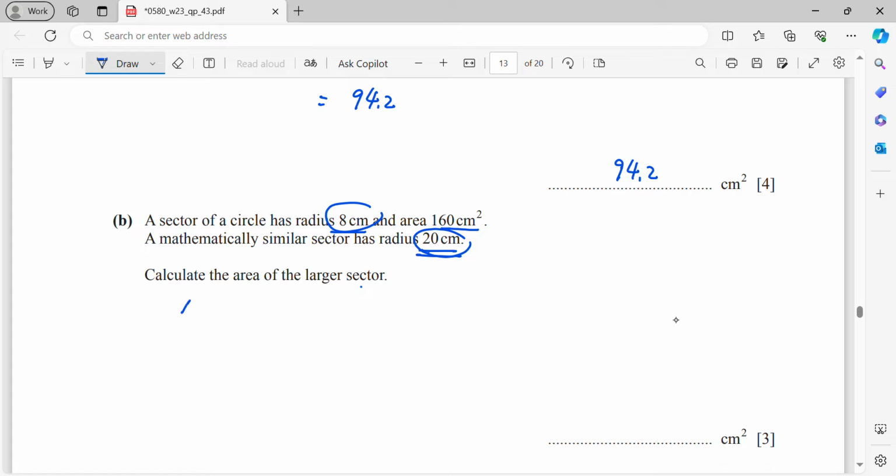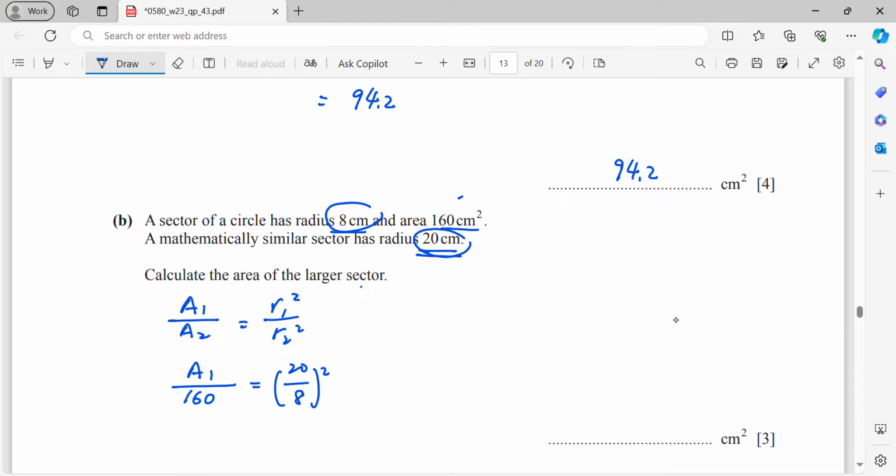So that means area 1 over area 2 equals R1 squared over R2 squared. Okay, so let's say area 1 is the area of the larger sector. So area 1 over the smaller sector area, 160, equals 20 over 8 squared.